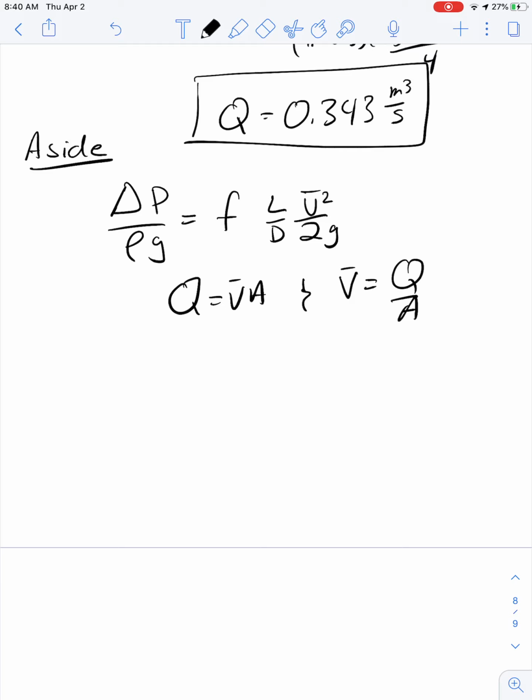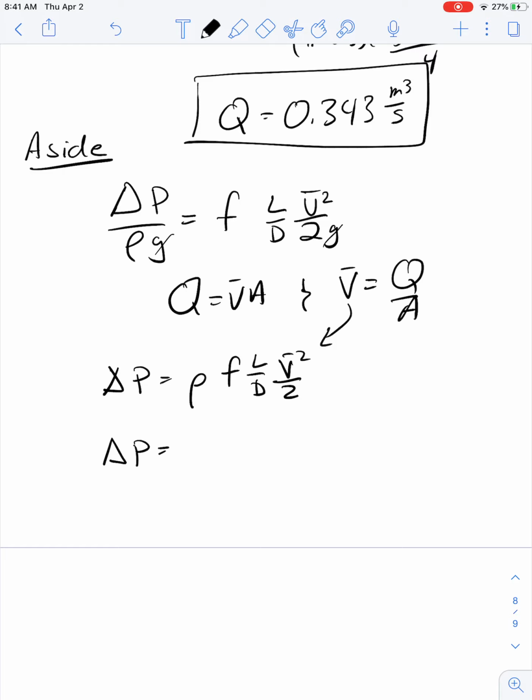And typically, what we can do is write this equation for our delta P, and if we go ahead and cancel out those g's and multiply both sides by rho, we'll have rho times f times L over D V bar squared over 2. This is our pressure drop. What we can do is substitute the flow rate in here, which is a convenient thing to do. Sometimes instead of first calculating the velocity and then the flow rate, we can just do the flow rate immediately.